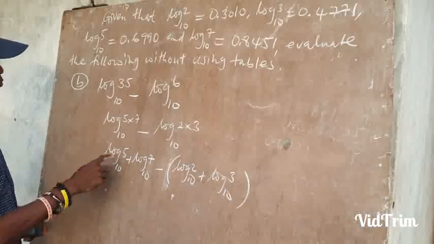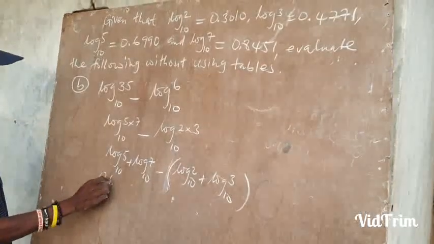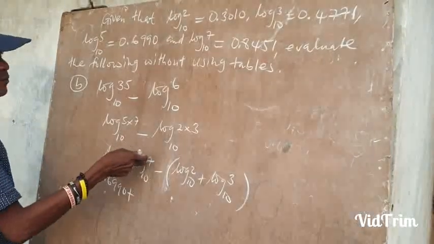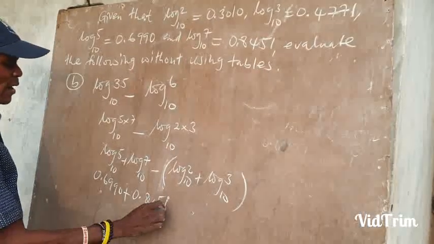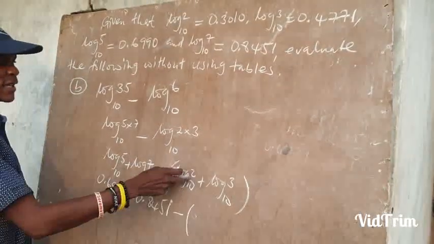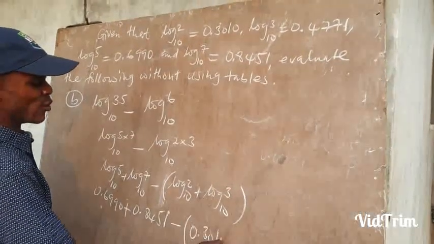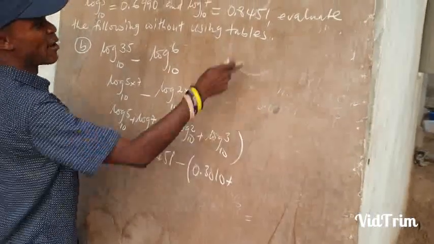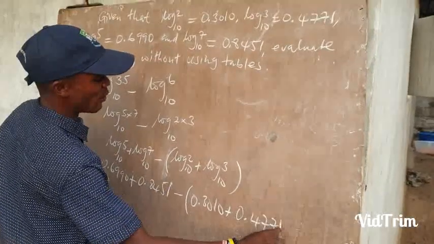Now let us substitute. According to them, they said wherever we see log 5 base 10, we put 0.6990 plus. They said wherever log 7 base 10 appears, we put 0.8451 minus. Wherever we see log 2 base 10, they said is 0.3010 plus. Wherever we see log 3 base 10, according to them, is 0.4771.